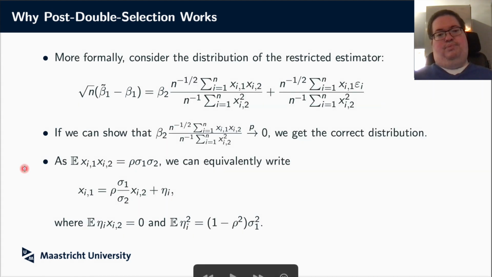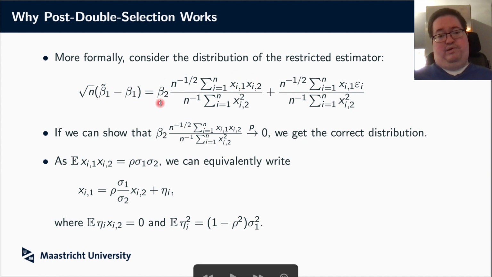So let's do this a bit more formally to see what we get. Well, again, this is our restricted estimator, right? But we only regress y on x1. We can split that in these two parts. This is the part that, of course, we get the normality from, and this is the part which creates the bias, which has, again, this covariance term between x1 and x2.